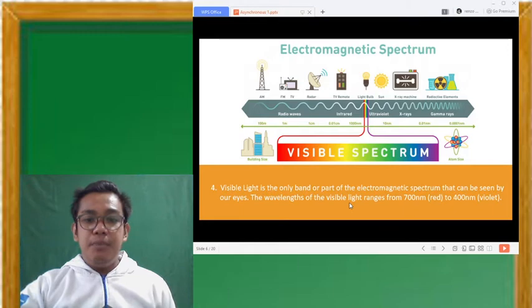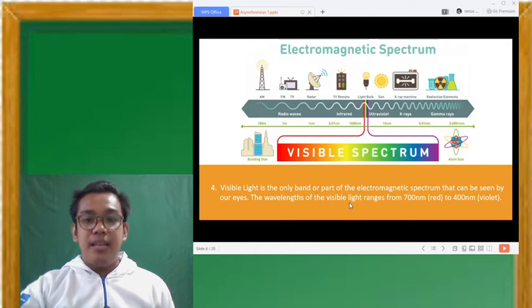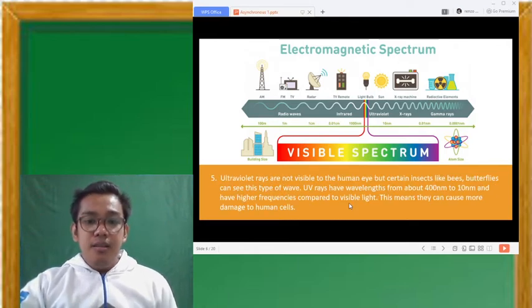Four, visible light is the only band or part of the electromagnetic spectrum that can be seen by our eyes. The wavelength of visible light ranges from 700 nanometers, the color red, to 400 nanometers, the violet color. The fifth, or the next part, is ultraviolet rays.